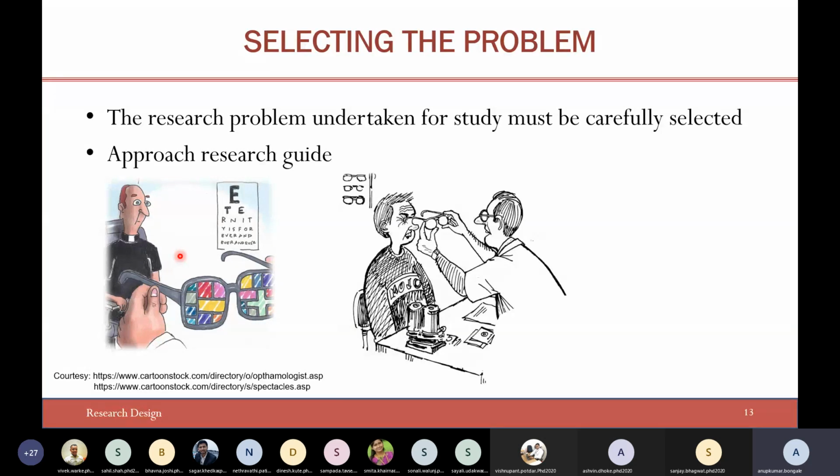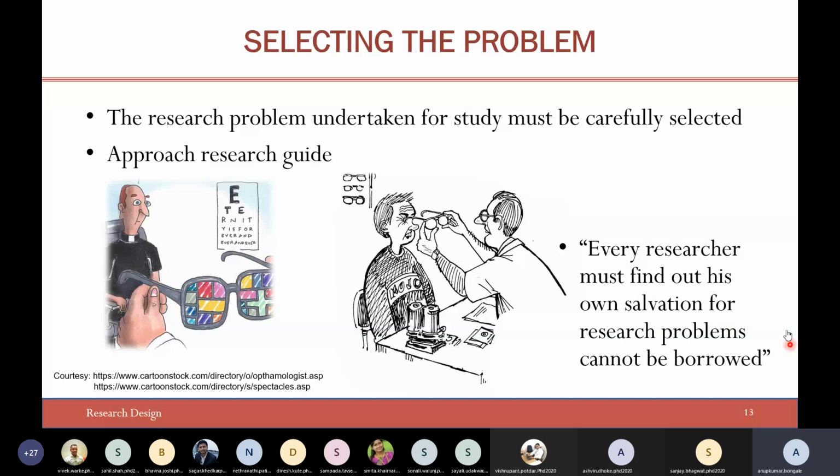Sometimes it may happen that if you are not very keen on checking whether you are comfortable with the research problem, you may end up in a wrong lens, right? So I'm just trying to tell you what can go wrong. Ultimately, every researcher must find his own salvation for the research problems, and research problems cannot be borrowed, right?